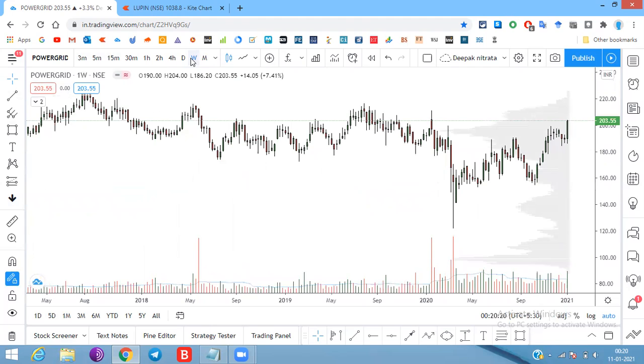Yes, actually I myself am a hardcore swing or positional trader, so that's why I like to use higher time frames as such. But frankly speaking, volume profile works really well in lower time frames like 5 minutes, 15 minutes, 30 minutes, 1 hour also. No worries. You can use volume profile for intraday trading.